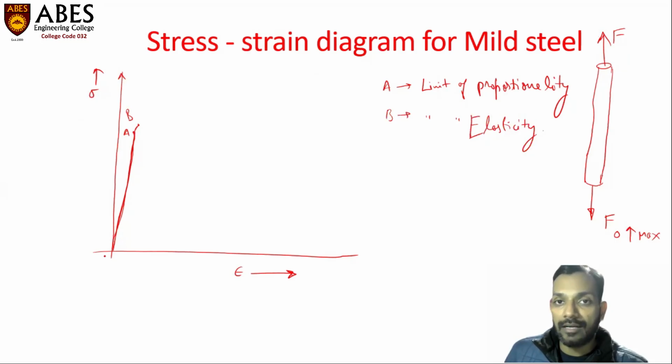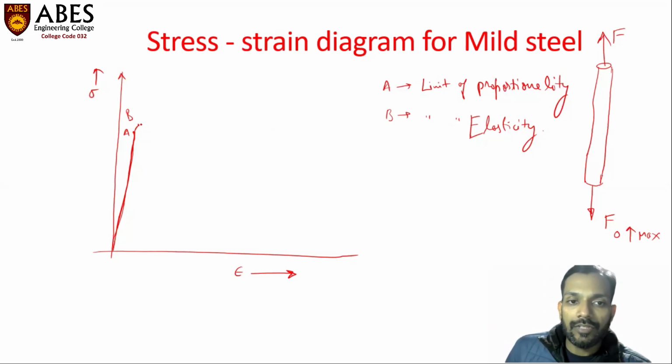It will spring back to its initial shape and size if the externally applied load is removed, and this will happen up to point B only. After point B, we will observe a certain amount of permanent deformation in the material. That spring type of behavior is observed up to point B only. That's why this is called the limit of elasticity.